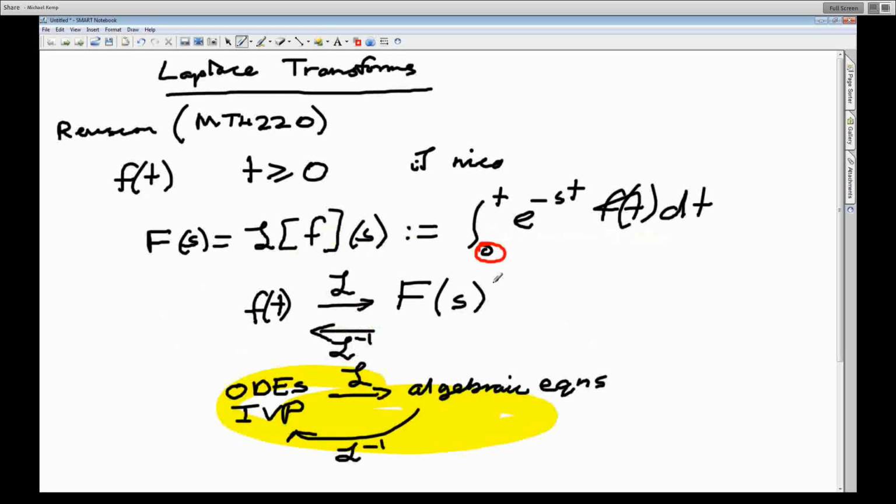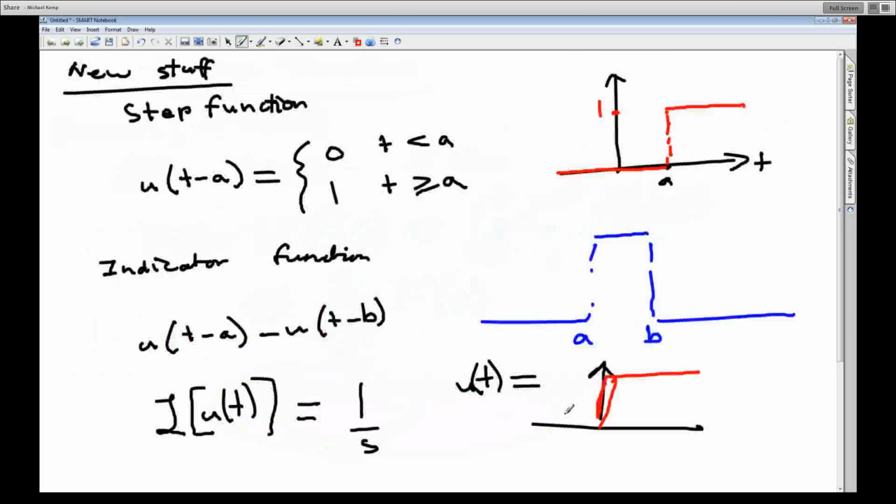So what the value of the function is before 0 is completely irrelevant. It doesn't actually affect the Laplace transform whatsoever. So the fact the step function was 0 beforehand, or it could have been anything else, like 1, doesn't make much difference. So the Laplace transform of the step function at 0 is the same as the Laplace transform of just a 1, which is still 1 on S. And that's why it looked funny, because I know what that is. So it really doesn't make a difference. So what would it be in general?